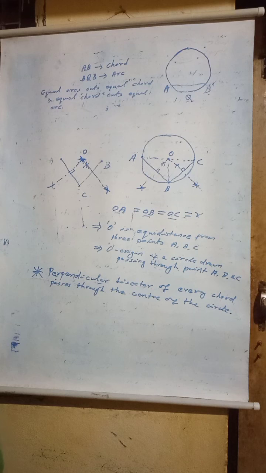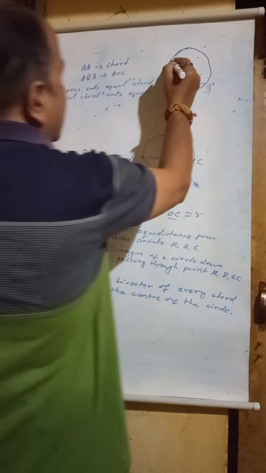In a circle, if two arcs are equal, they cut equal chords.